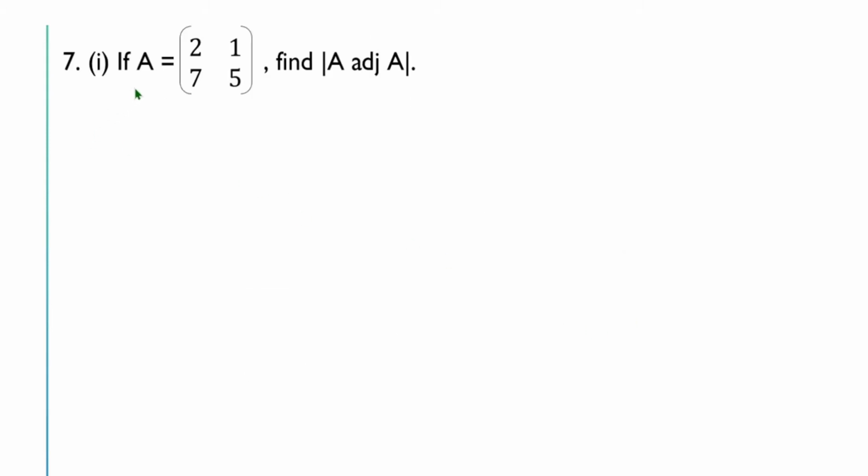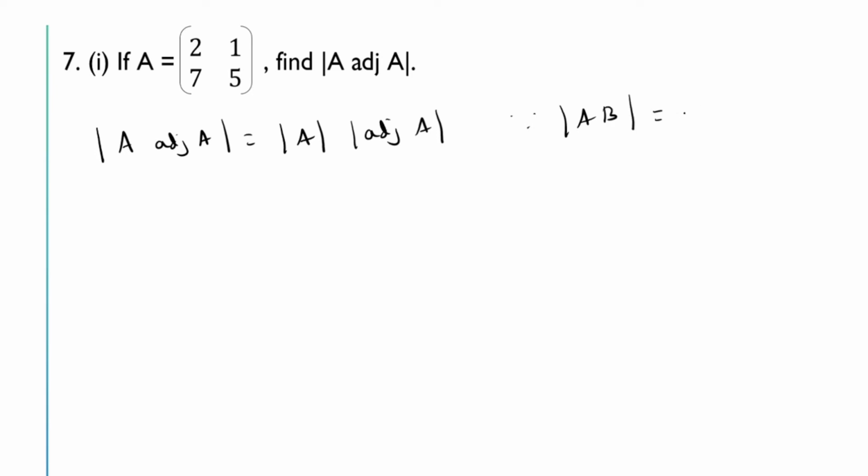Next question, if A is equal to the matrix 2, 1, 7, 5, find determinant of A into adjoint of A. Here determinant of A into adjoint of A is equal to determinant of A into determinant of adjoint of A, since we know the determinant of the product of two matrices AB is equal to determinant of A into determinant of B. Since this is a square matrix of order 2, determinant of adjoint of A will be determinant of A the whole raised to 2 minus 1, so it is determinant of A the whole raised to 1.